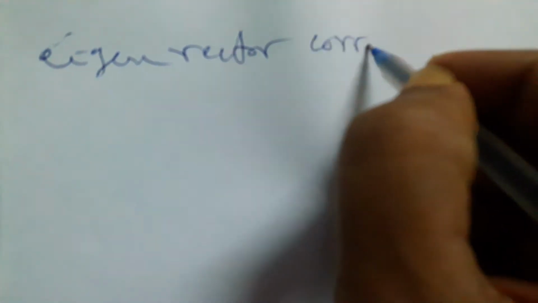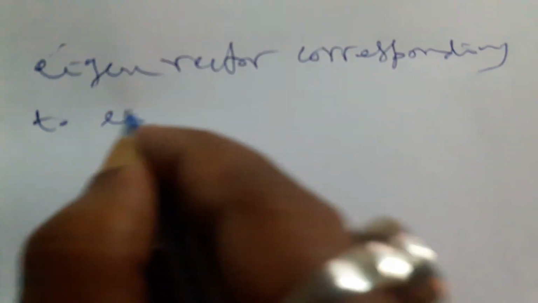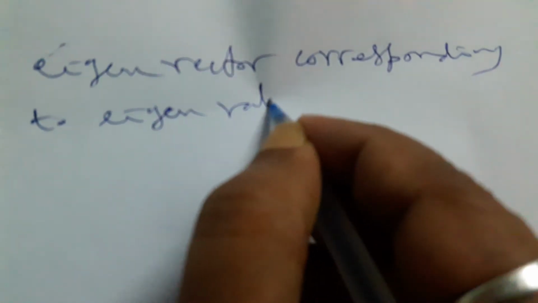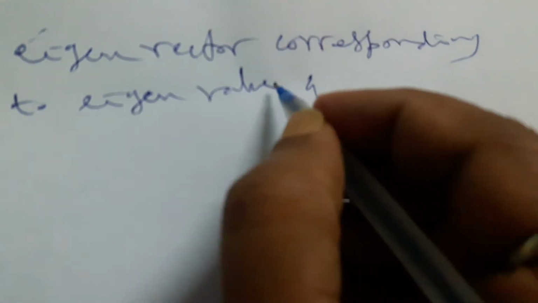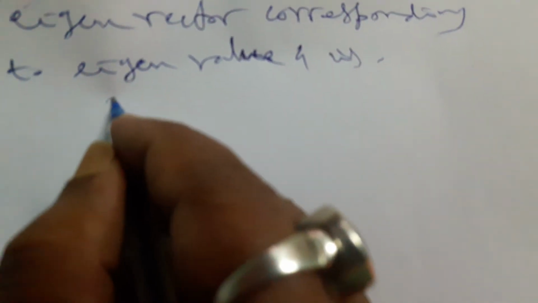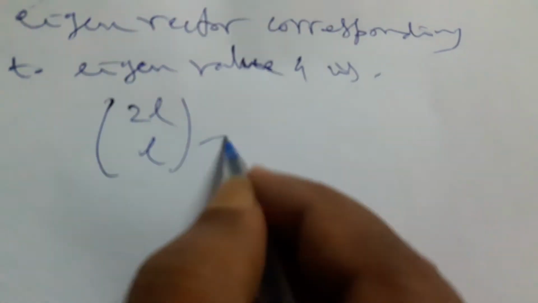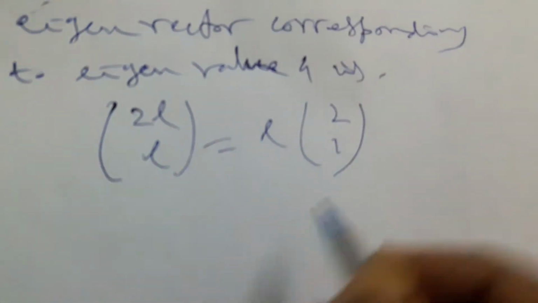So the eigenvector corresponding to eigenvalue 4 is calculated as 2L and L, that is L into (2, 1).